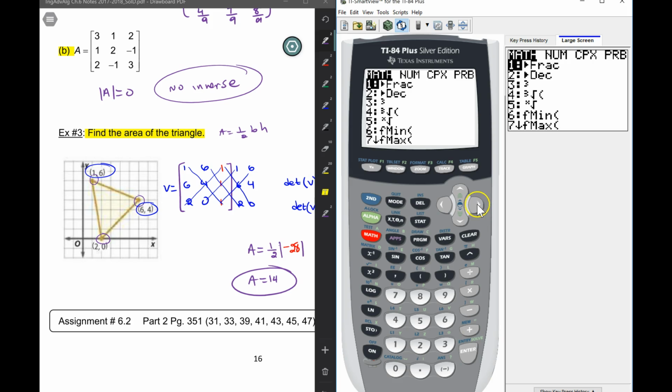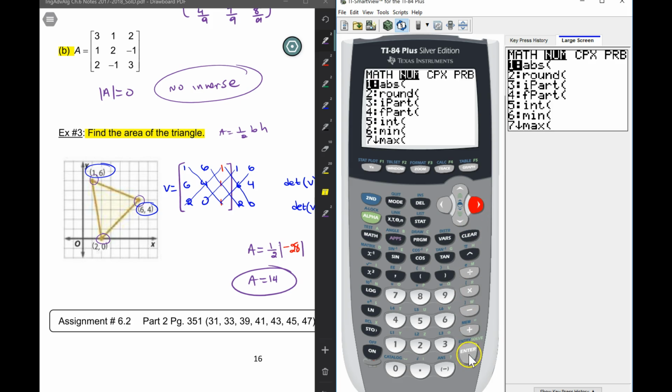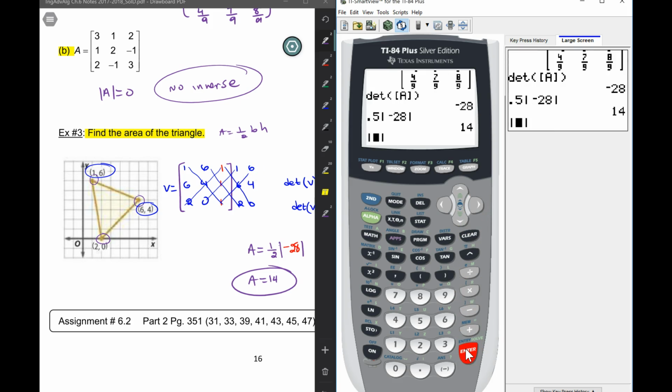Math, number, absolute value. Okay, can area be negative? No. So the area is really half the determinant, but you can't make it negative, so you have to put in the absolute value bars.